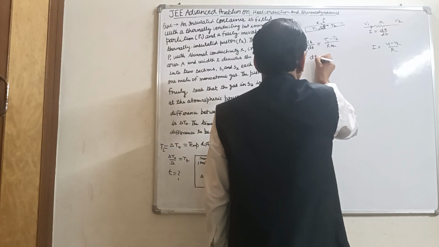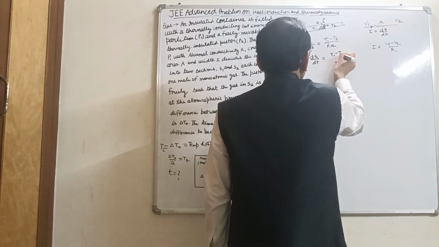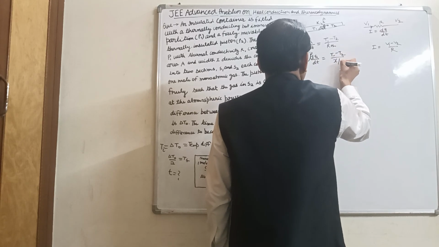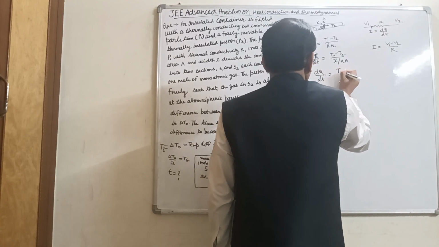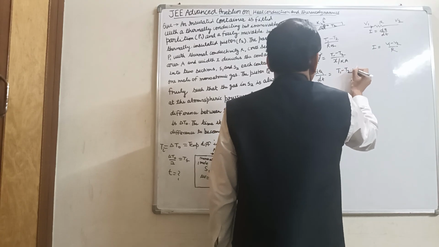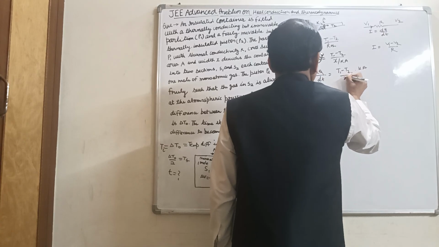So we write dQ/dt equals T1 minus T2 upon the resistance, which is x by KA. So we rewrite dQ/dt equal to T1 minus T2 times KA by x.